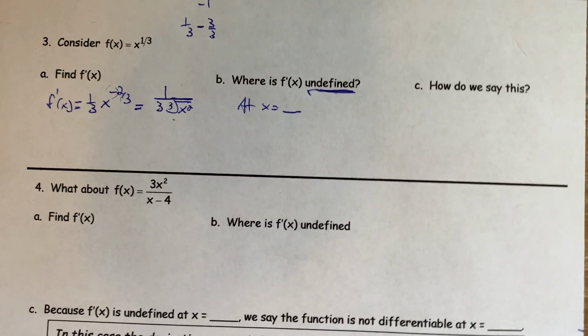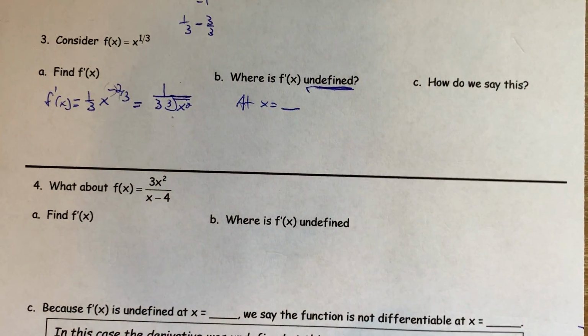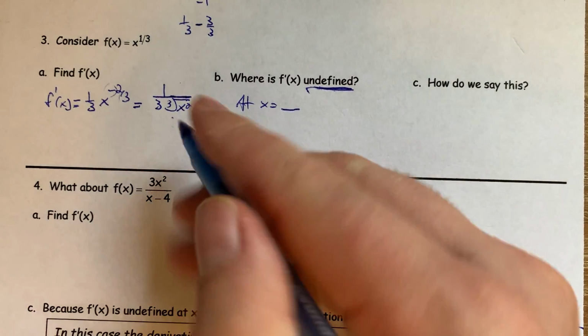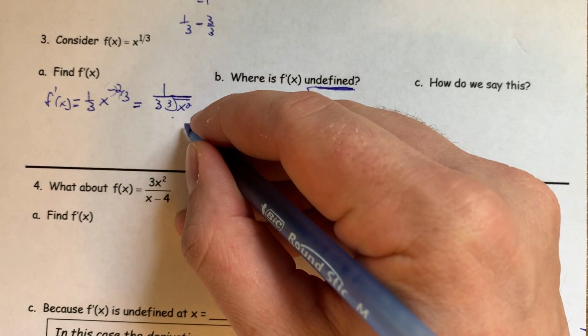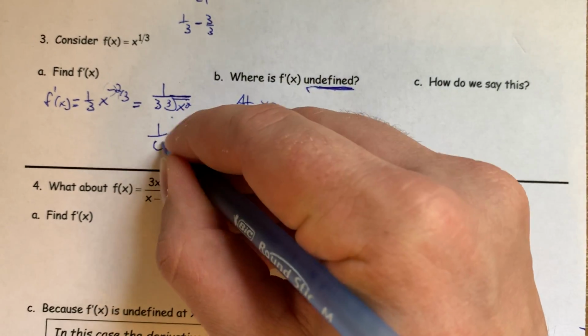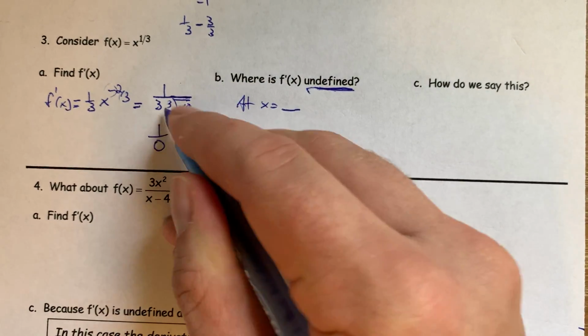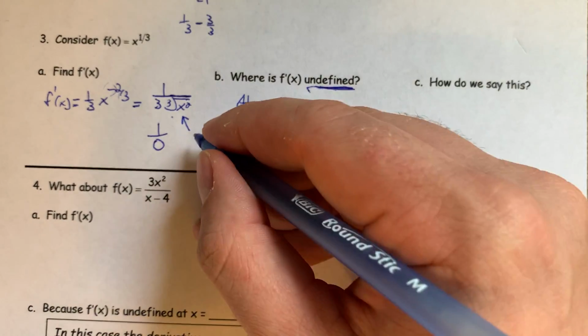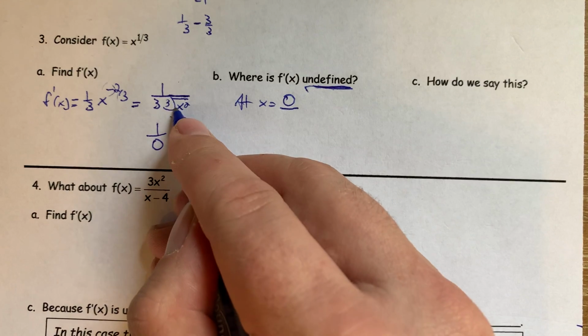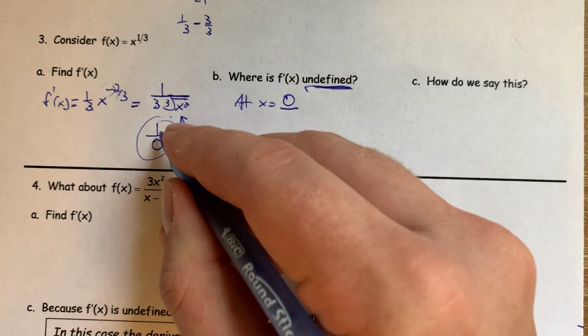Well, just like with function values, the derivative would not be defined if the derivative formula is undefined. We are not allowed to divide by 0. So if the denominator is 0, that would be a problem. And that's what happens here. When x equals 0, the denominator would be 0.